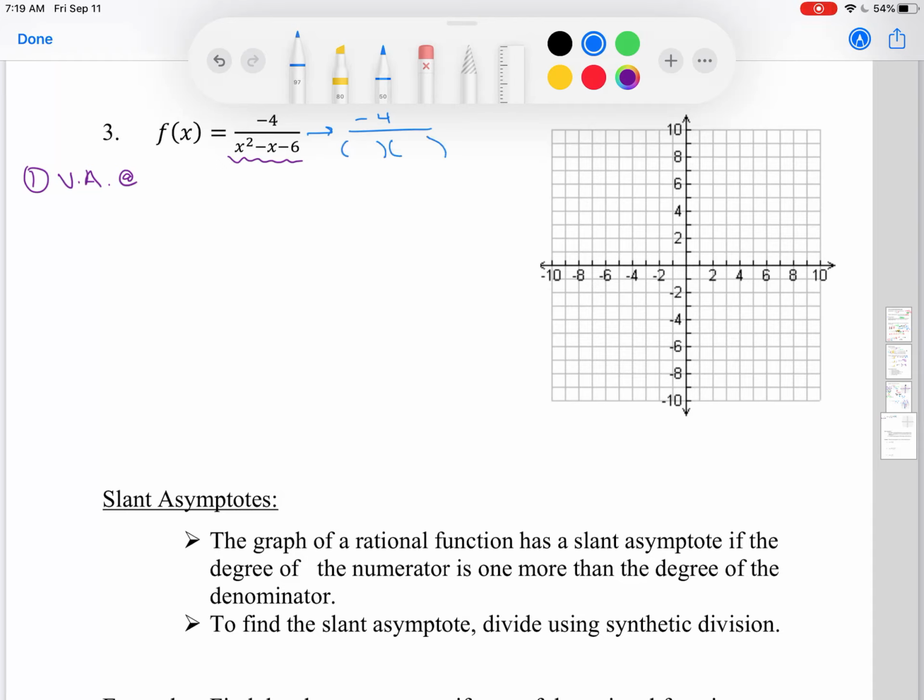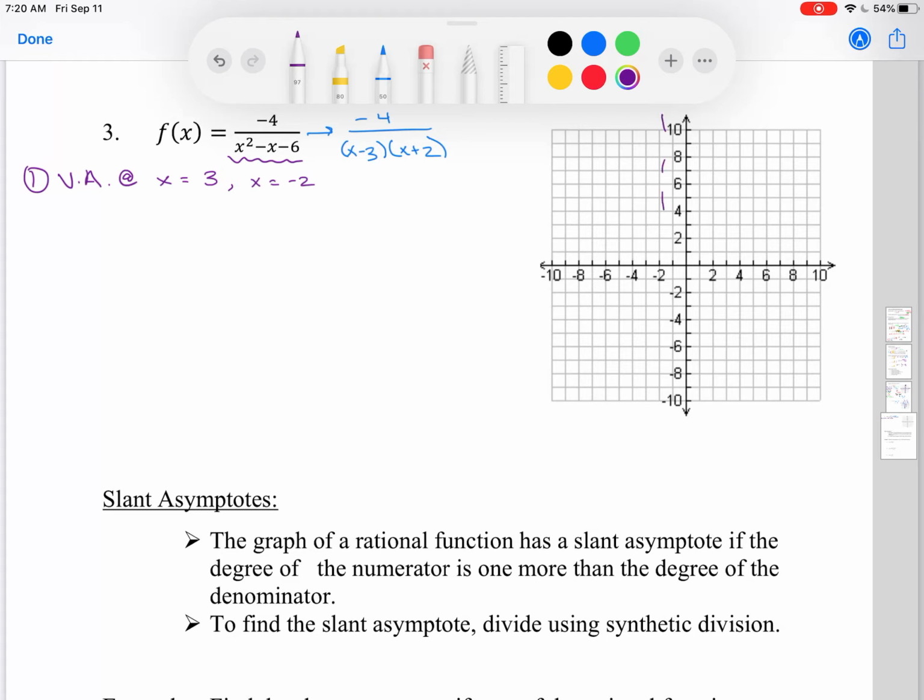And when we factor, we need something that multiplies to give me -6 and adds to give me -1. We have x minus 3 and x plus 2. With that factored, I now know that my vertical asymptotes are at the opposites. So one is going to be at x equals +3, and the other one will be at x equals -2.